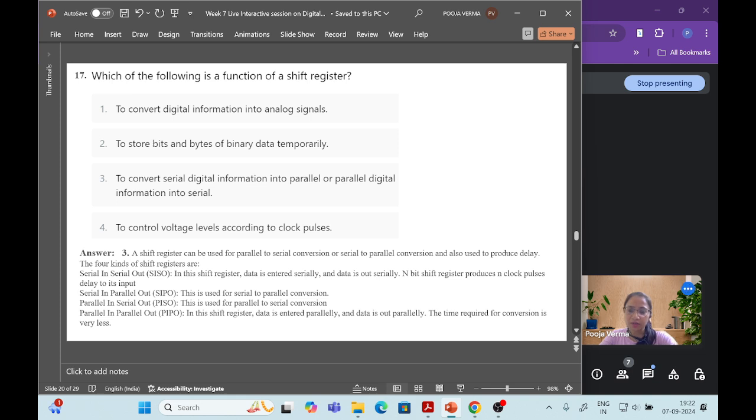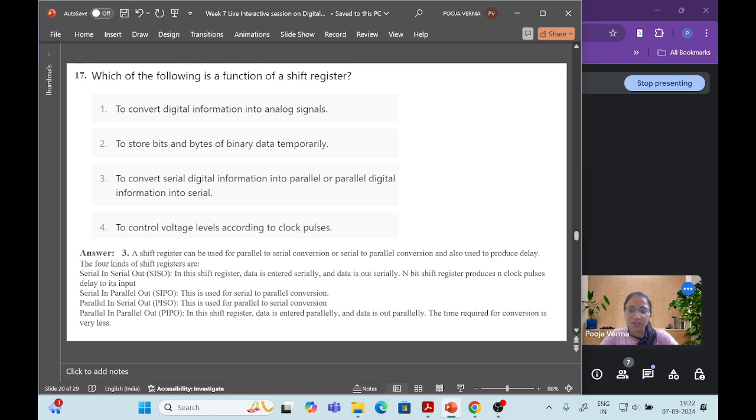So already in the previous slide I told you there are 4 types of shift register: serial input serial output, serial input parallel output, parallel input serial output, or parallel in parallel output. That means serial to parallel conversion or parallel to serial data conversion.